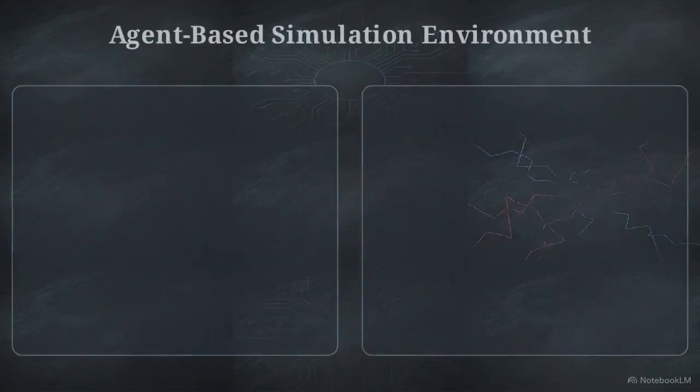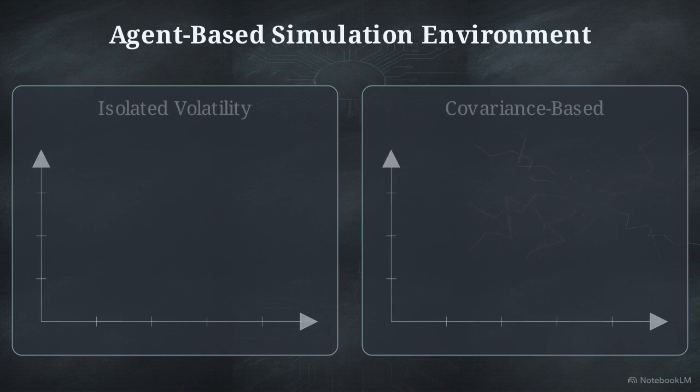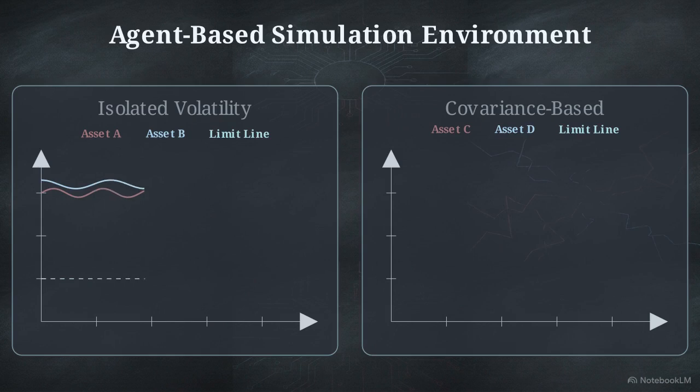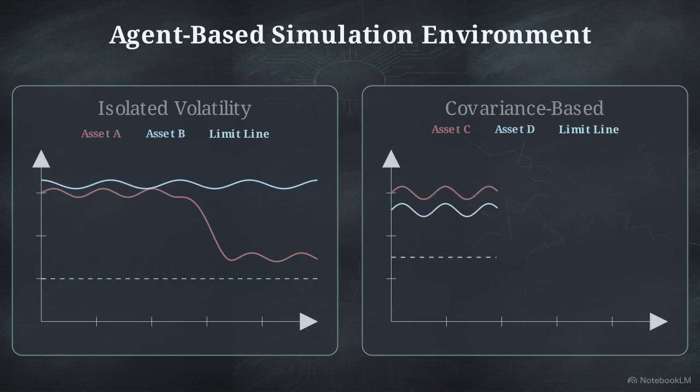This split-screen visualization demonstrates the solution developed through agent-based simulated environments. On the left, isolated volatility assumes assets move independently. On the right, covariance-based asset parameters evaluate the exact behavioral relationship between paired assets. When two paired asset lines drop in synchronized tandem, the collateral limit line instantly adjusts downward.